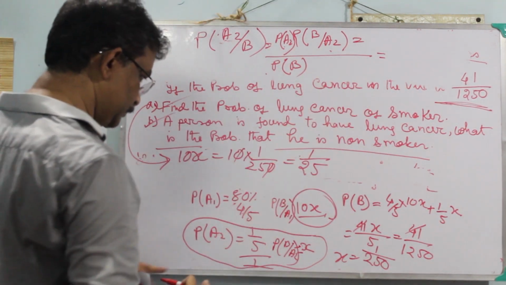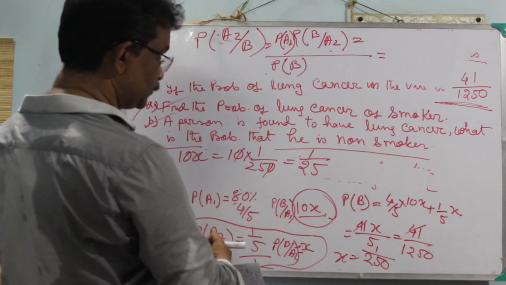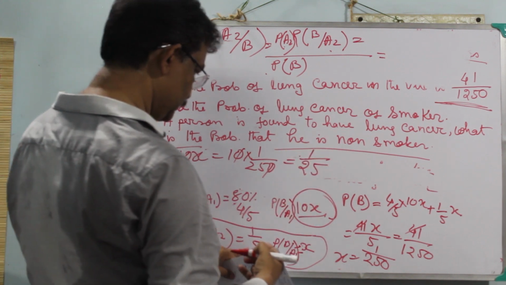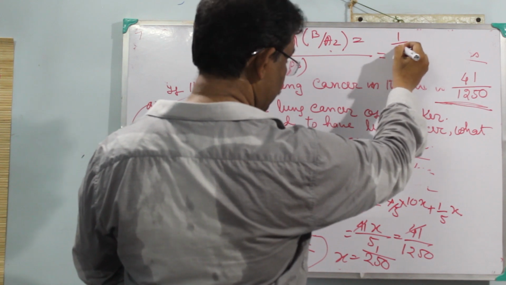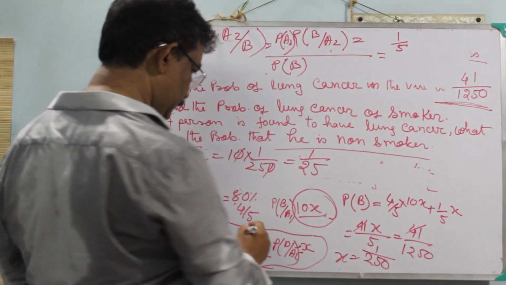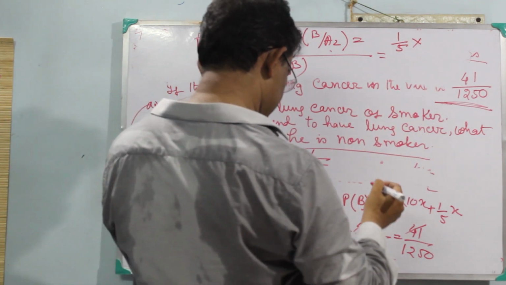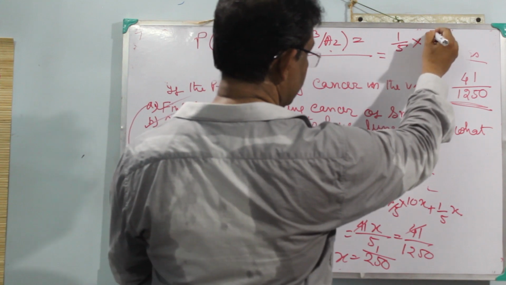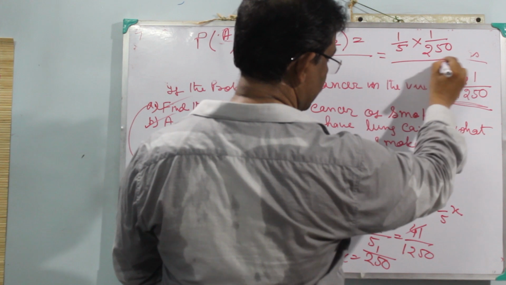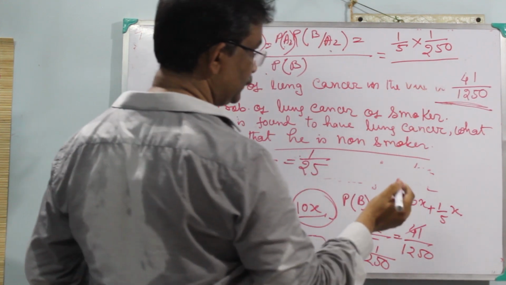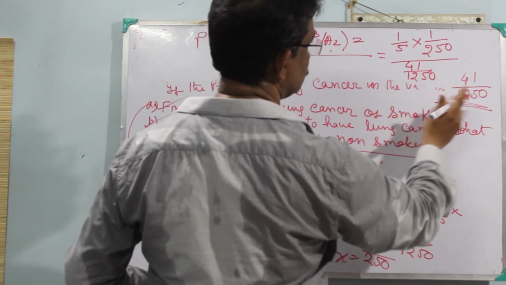And this one, the numerator, is this branch, that he is a non-smoker. That means 1 by 5 into x. x means 1 by 250, and the numerator over the denominator 41 by 1250.